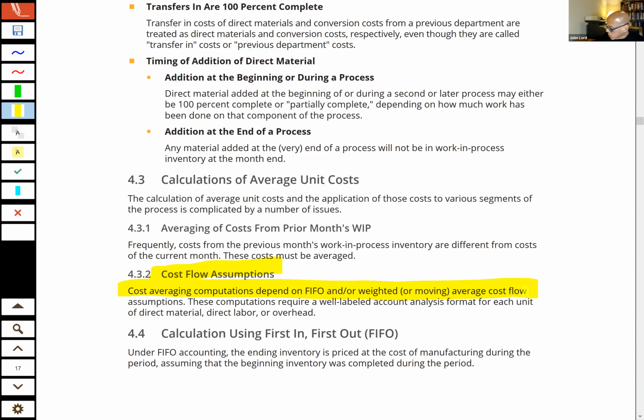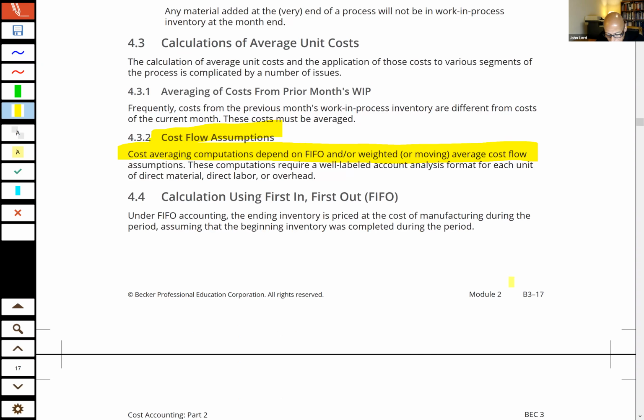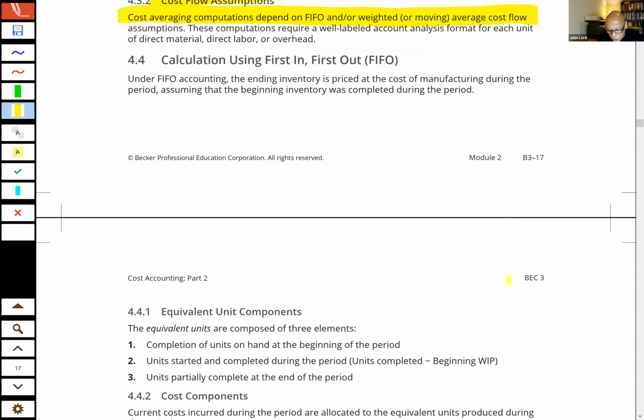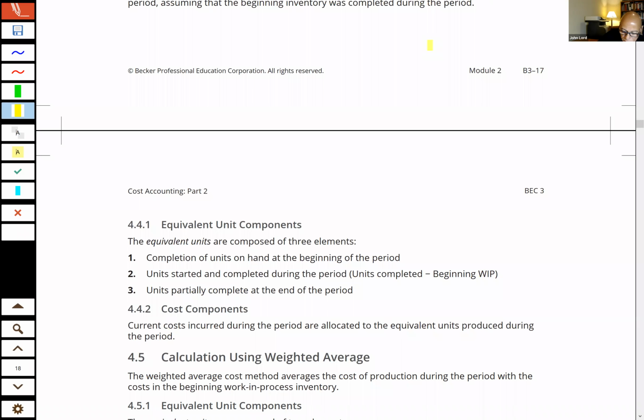Okay, so let's just go ahead and take a look at the calculations. First we're going to look at first in, first out. Okay, and they say that the equivalent units are composed of 3 elements: completion of units on hand at the beginning of the period, units started and completed during the period, which they tell us is units completed minus the beginning work in process, and then units partially completed at the end of the period.